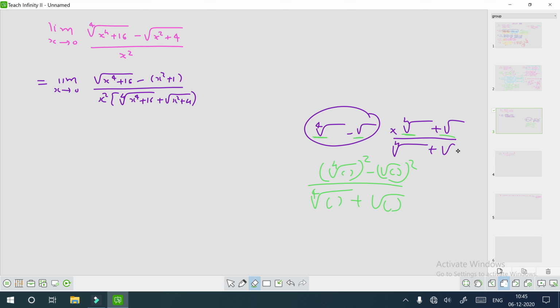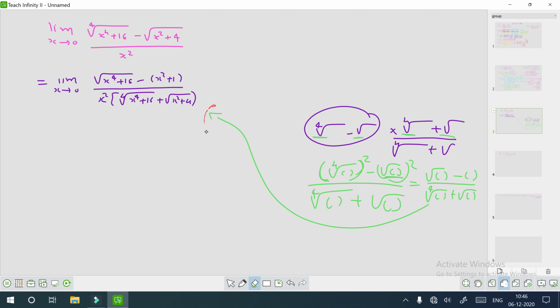Now that comes out: the square of the fourth root is the square root of some function, and the square of the square root of some function is just the function, over the fourth root of some function plus the square root of the function. See, this one is written here directly. Clear? Now rationalize the numerator also directly.